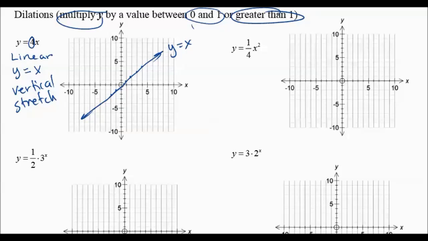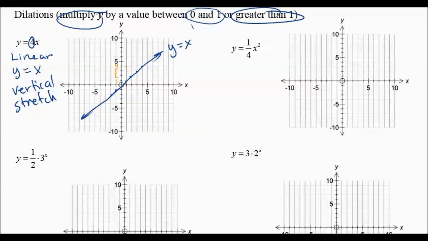Now what we want to do is graph our dilation. So we take the values of what they were before. For instance, if y was 1, 2, 3, 4, let's see what's going to happen to those values. If I take the y value of 1, so at this level we're changing the y's, and I multiply that by 4, that's going to become 4.